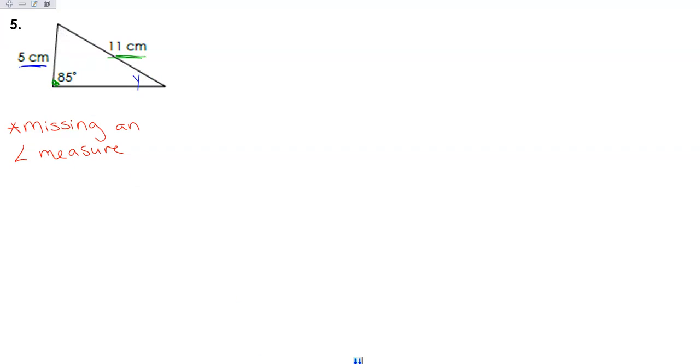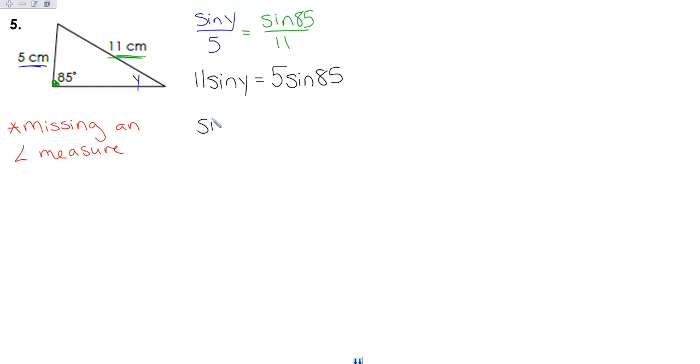So let's take a look. I'm going to set up the sine of y over 5 is going to equal the sine of 85 over 11. So we're going to cross multiply here. I'm going to get 11 times the sine of y is equal to 5 times the sine of 85.